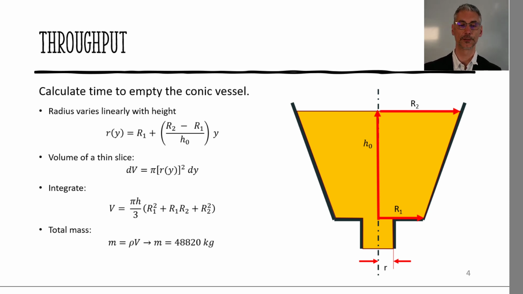Then we can calculate the volume of a thin slice as dV = πR² dy, and we can integrate this. So the volume of the truncated cone is given by this equation. That means the total mass, given by the density and the volume, is 48,820 kilograms. This is the amount of molten steel contained in that conic vessel.